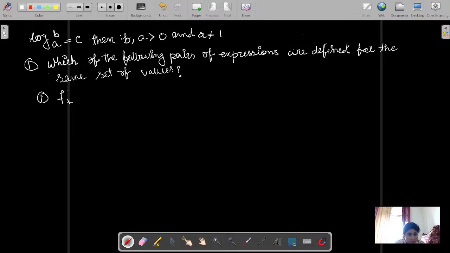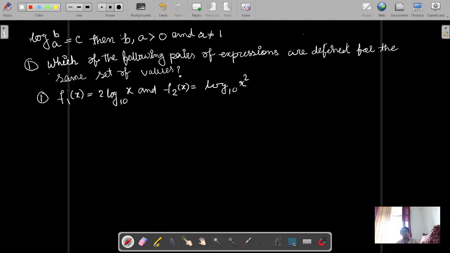The first pair I am writing is f1(x) equals 2 log base 10 of x, and f2(x) equals log base 10 of x square.